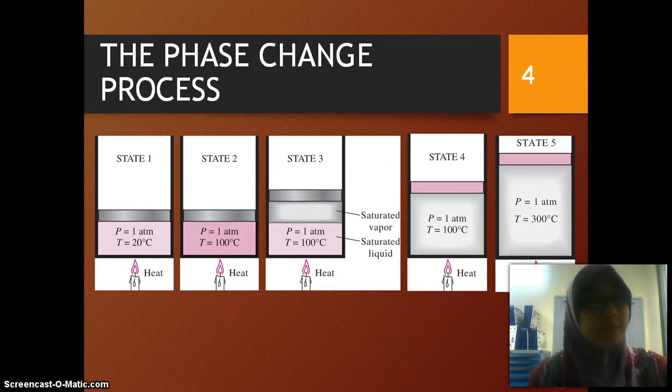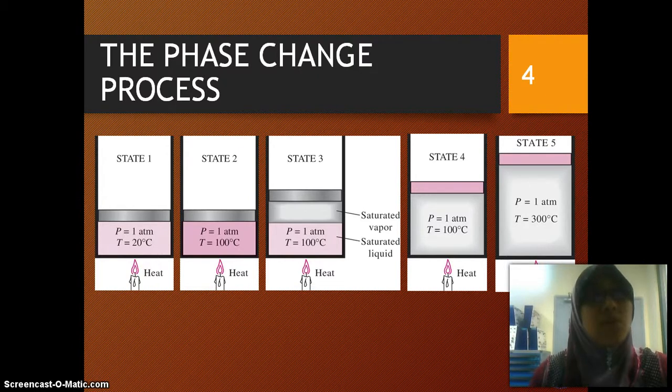Let's say we consider a piston cylinder containing water at 1 atm pressure and 20 degrees Celsius. At this state, water exists in the liquid phase. As the temperature increases, the liquid water will expand slightly, and so its specific volume will increase.